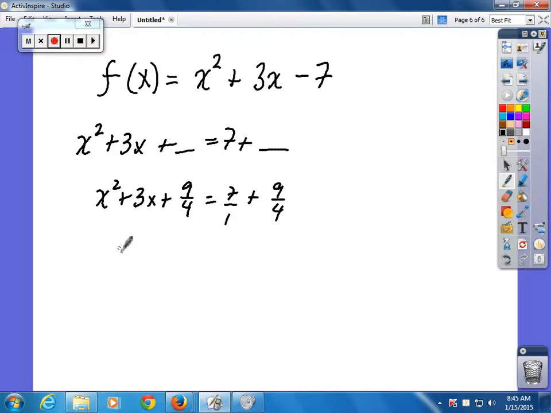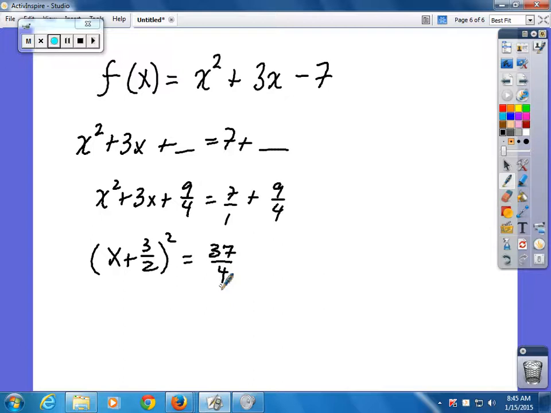And then that's going to be x plus 3 halves quantity squared is equal to 28 plus 9, which is 37, 37 fourths.